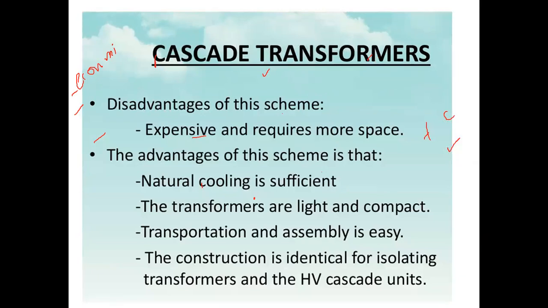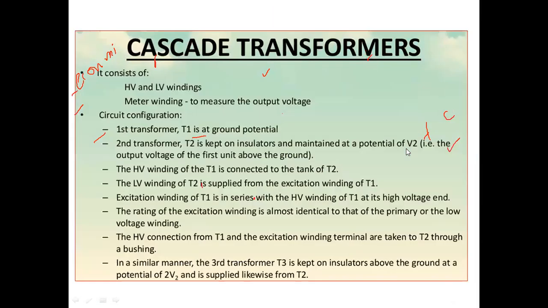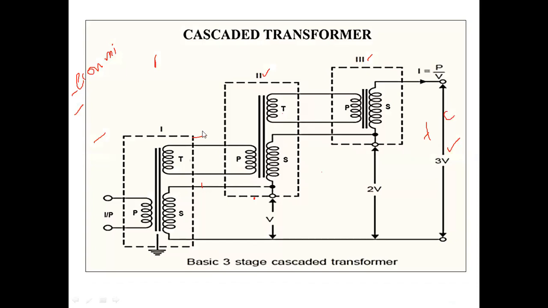Now, disadvantages of the scheme. We have explained the advantages. Now the disadvantages: expensive and requires more space. If we have a single unit, definitely the size requirement for that single unit will be less, and the cooling problem will be solved.